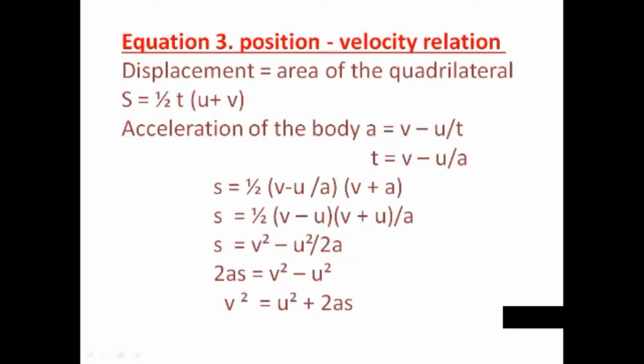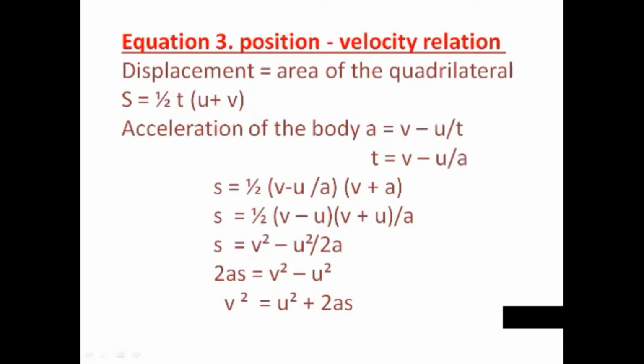That is, displacement is equal to area, S is equal to A. Here S is equal to half T into U plus V. We are taking the quadrilateral having some sides, and with the first substitution, SR is taken as T, PQ and QR are taken as U and V. So after the substitution, we got the equation S is equal to half T into U plus V. All the substitutions before this are done the same as in the second.